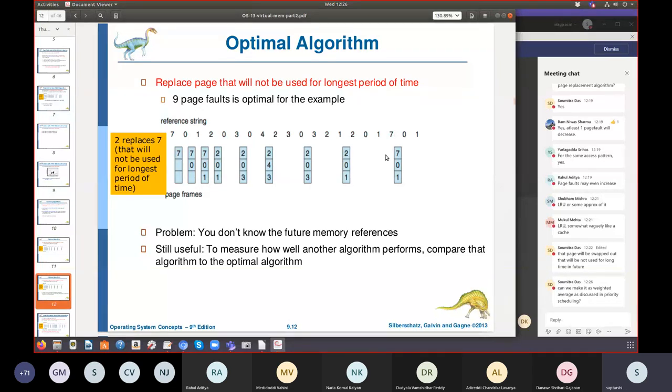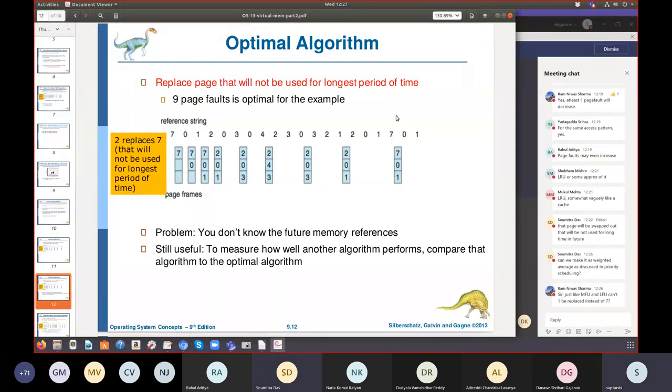Okay, Soumitra is asking, can we make it a weighted average? Soumitra, I don't understand the question. Unmute yourself and ask. Sir, in scheduling we used some weighted moving average kind of thing for determining the priority.